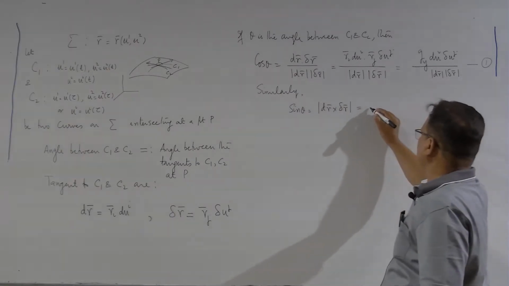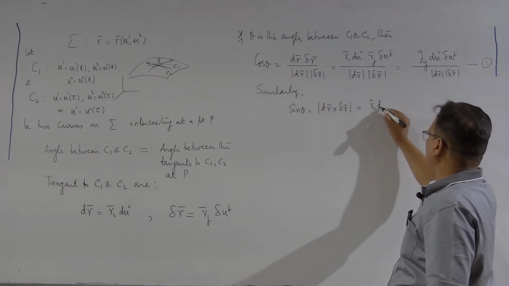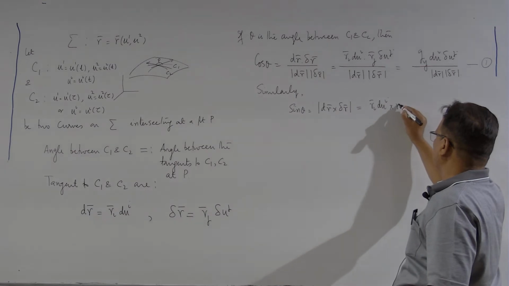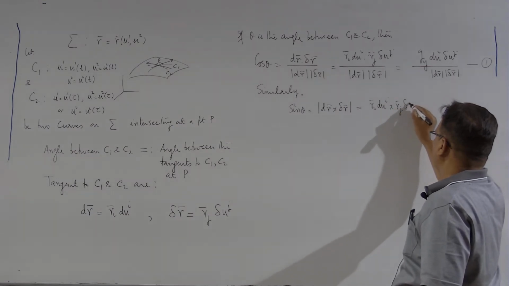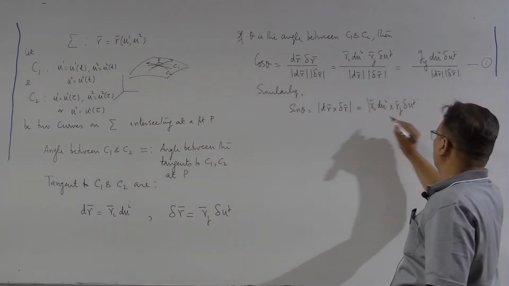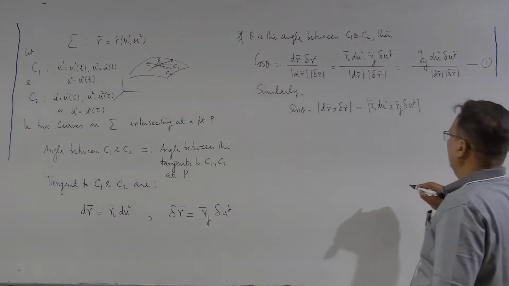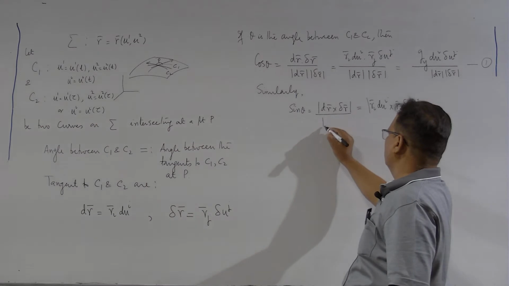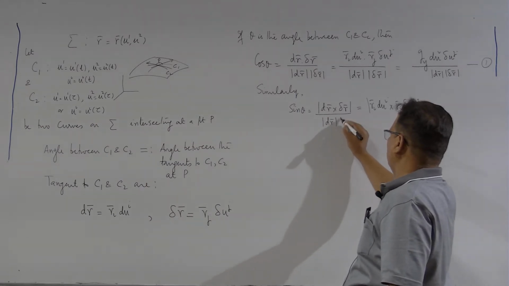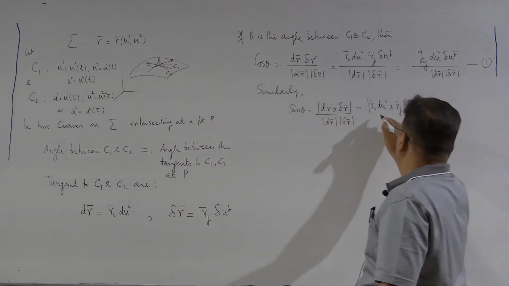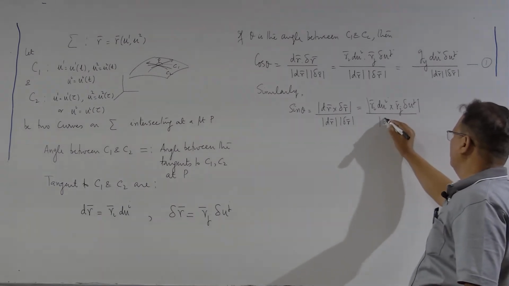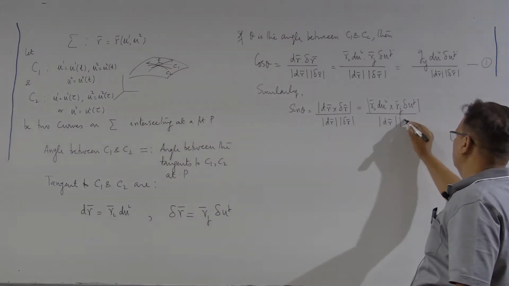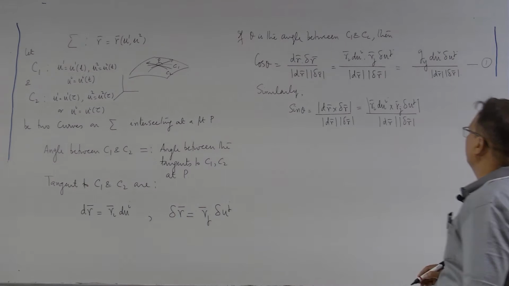So this is r_i du^i cross r_j delta u^j, take the cross product and you can divide by mod dr mod delta r.